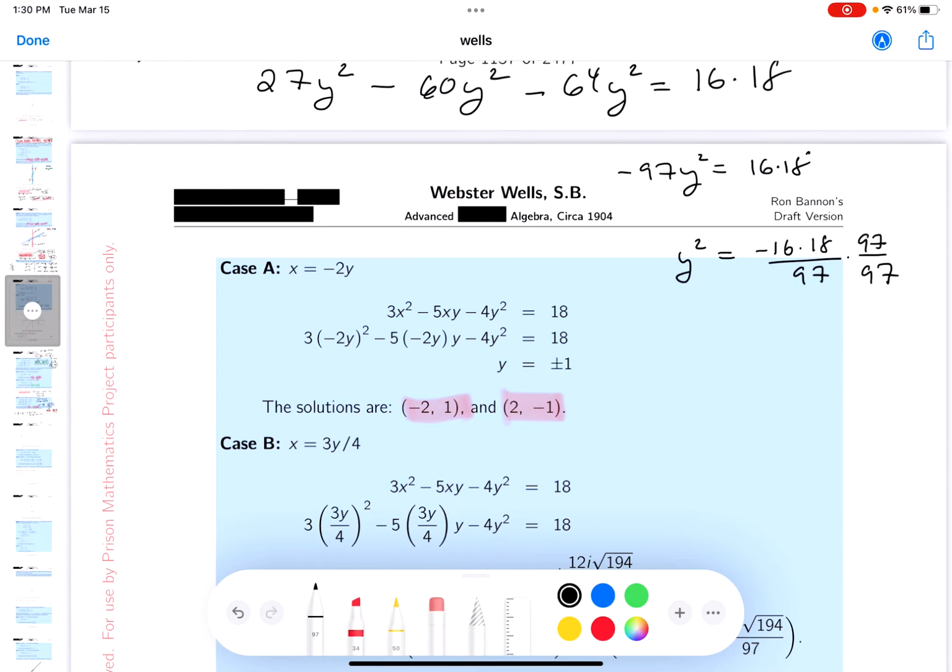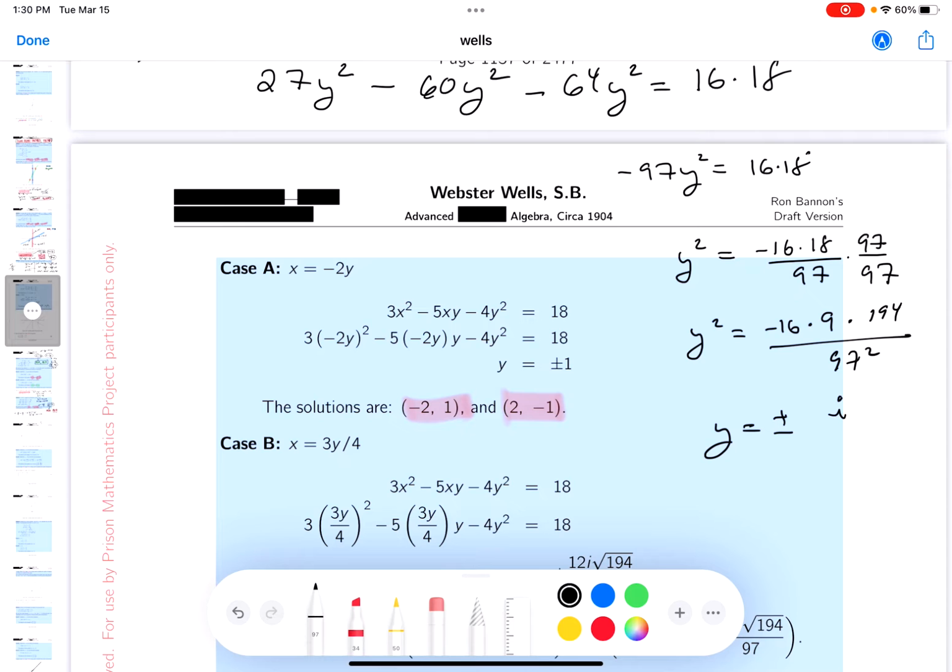And y squared, let's see, minus 16, I get a 9, and then I get 2 times 97, which is 194, over 97 squared.